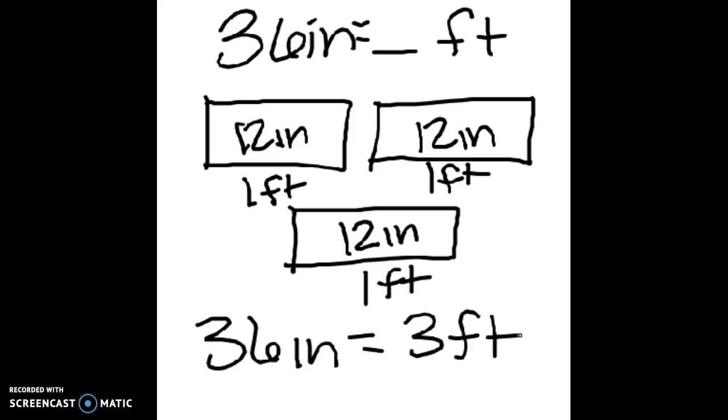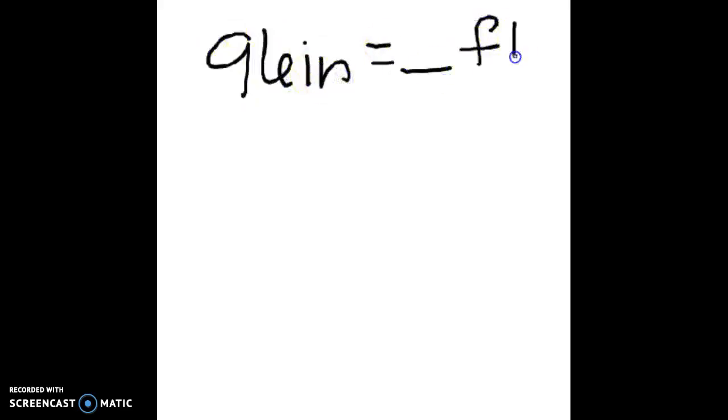Okay, but we're not always going to want to draw things out. So how are we going to do this algebraically? Well, if I had 96 inches and I wanted to know how many feet that is, I could take the number of inches I'm given and divide it by the number of inches in a foot.